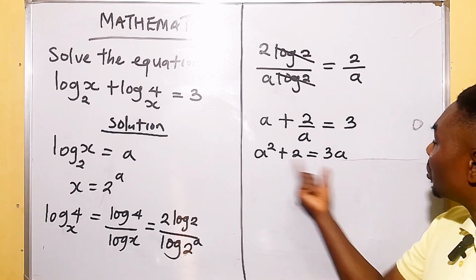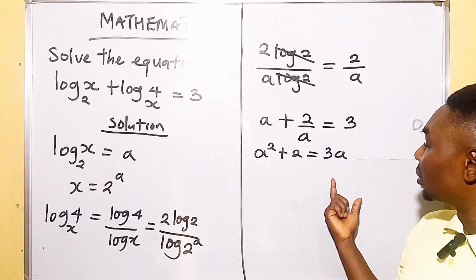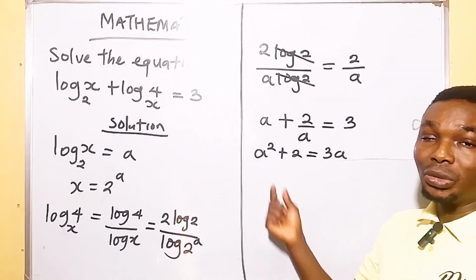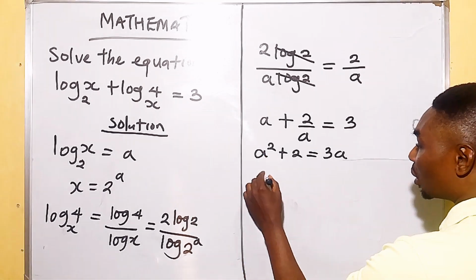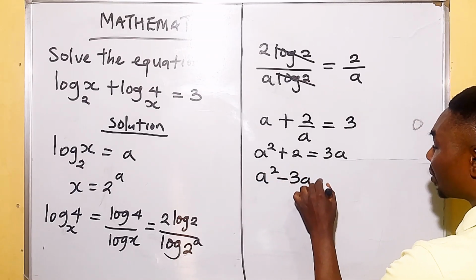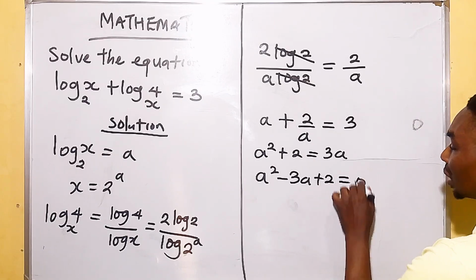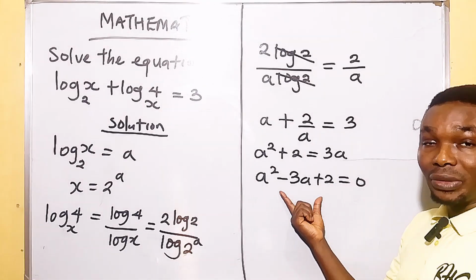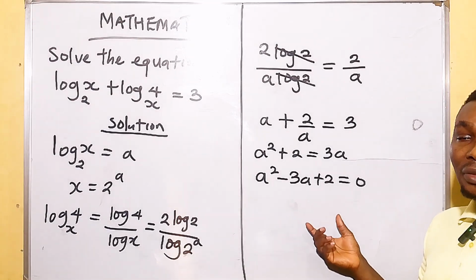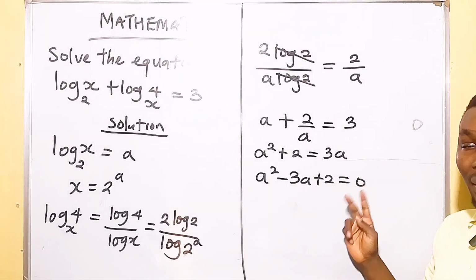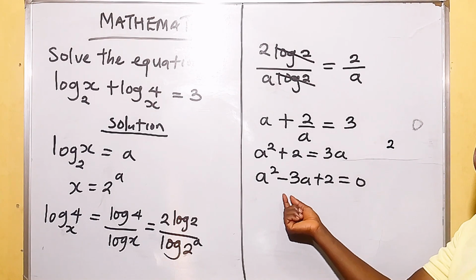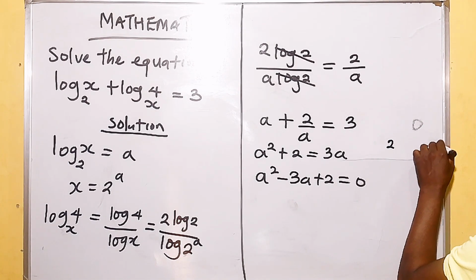At this point, we will arrange this equation in the quadratic form because here the power of a is 2. So we have a squared minus 3a plus 2 is equal to 0. So here I can factorize this quadratic equation. To factorize, we ask ourselves, what two factors are you going to multiply to get 2, and when you add the two factors, you are going to get minus 3?